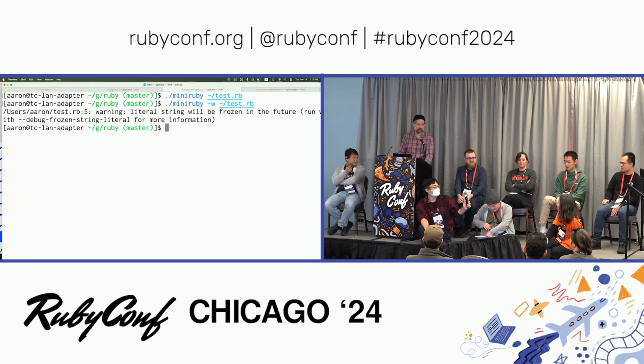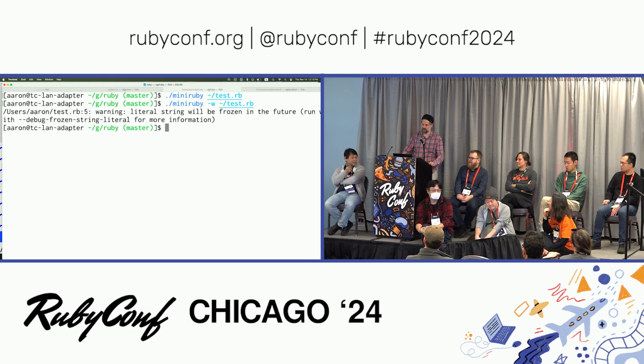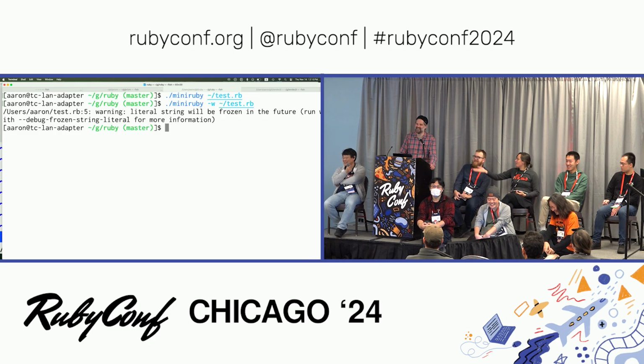Does it? Oh, good. Only on CI though, so not locally. But that's true for Rails itself, but Rails apps I don't think run with -W. I think it does. Does anyone know? Someone check.